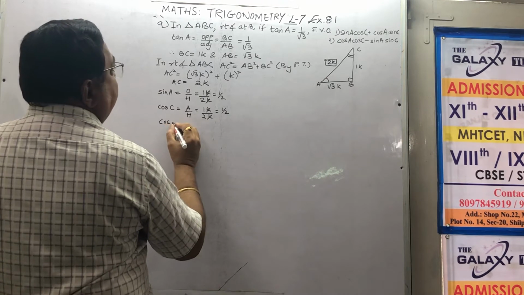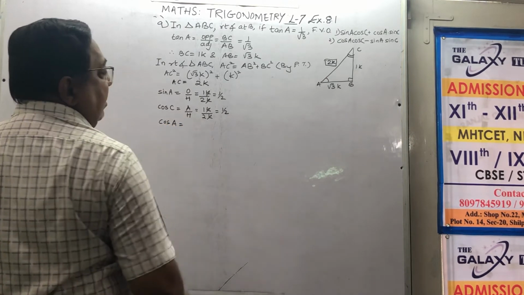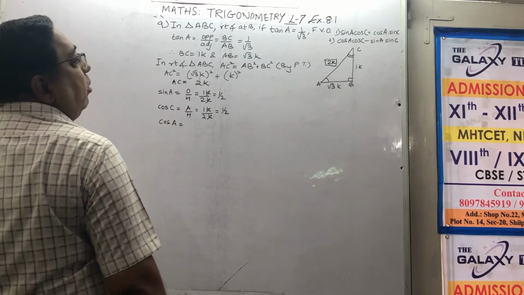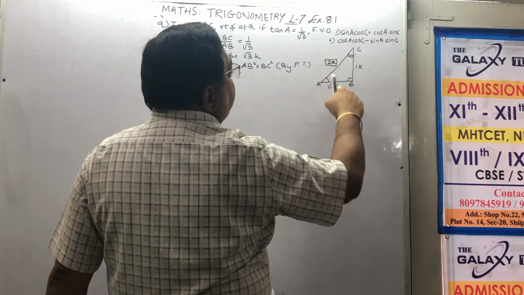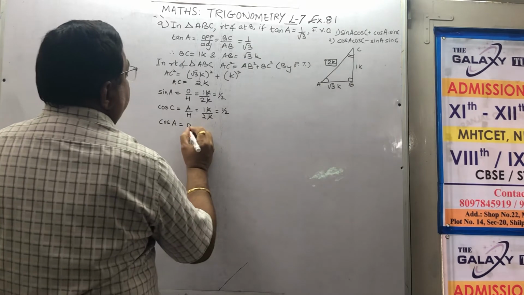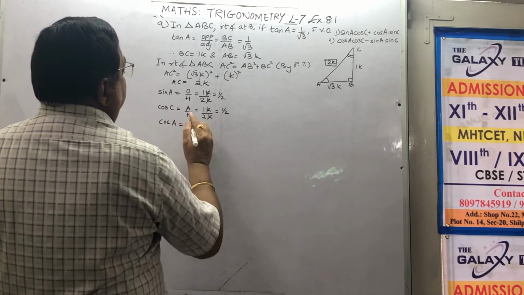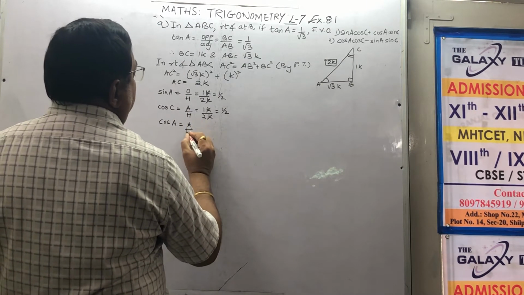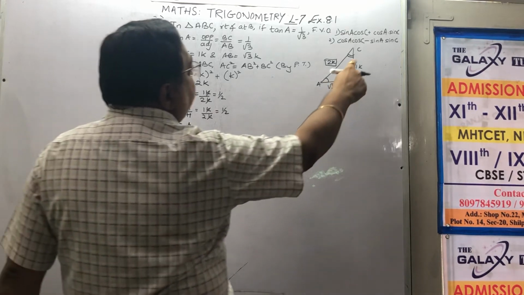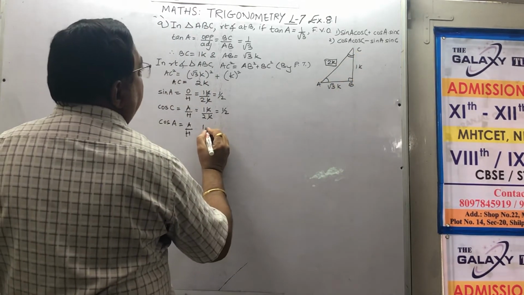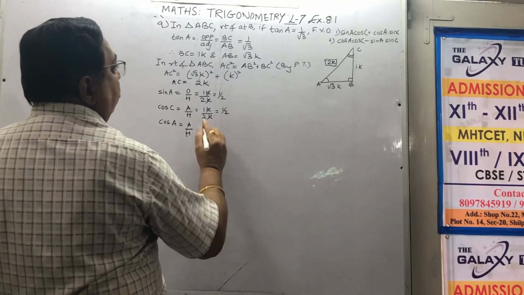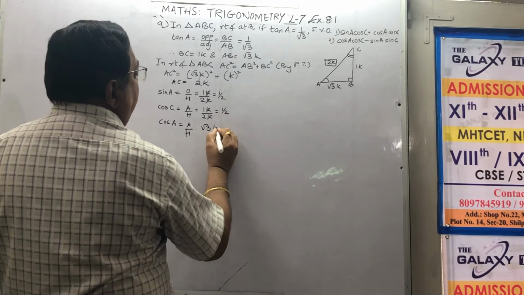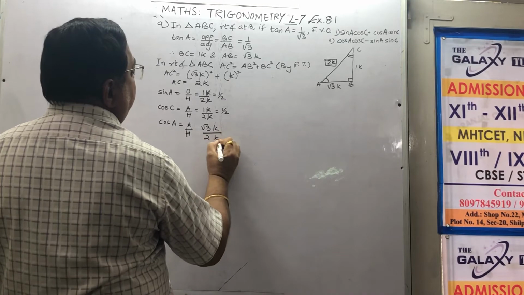Remember, I will be writing the sum, but first I must keep the raw material ready. Cos of A will be adjacent upon hypotenuse. Adjacent is root 3K and hypotenuse 2K.